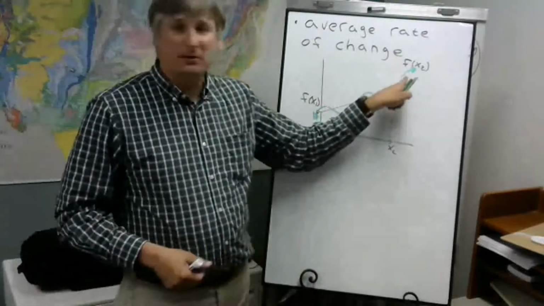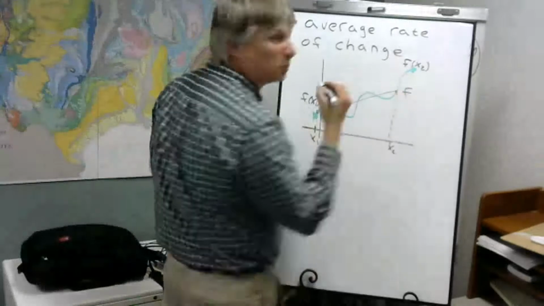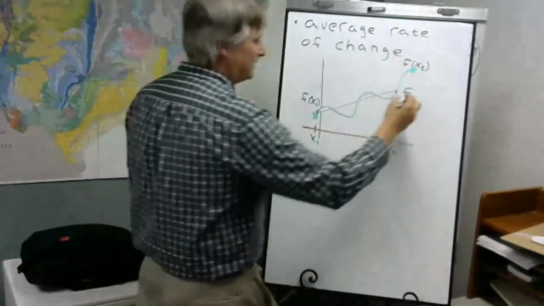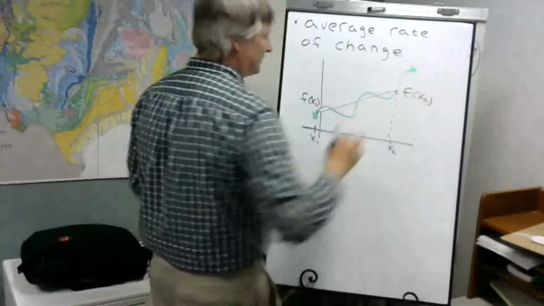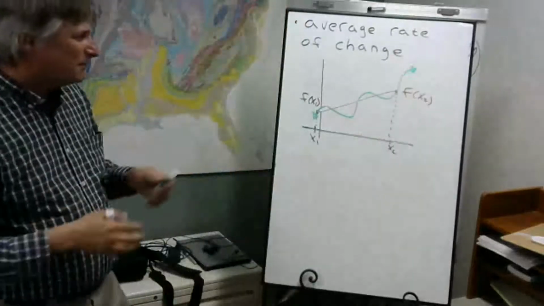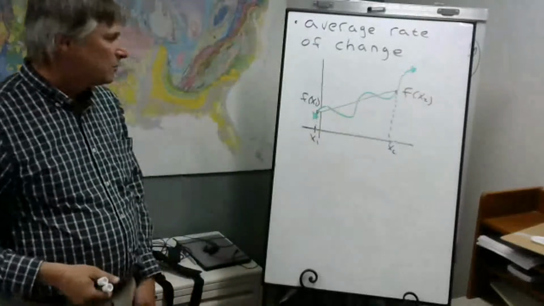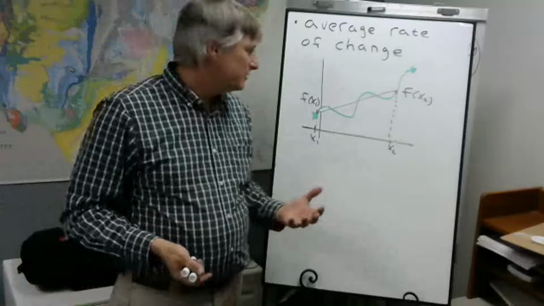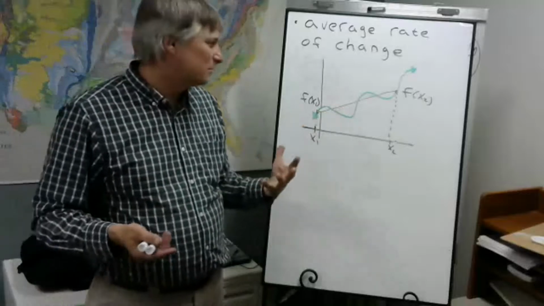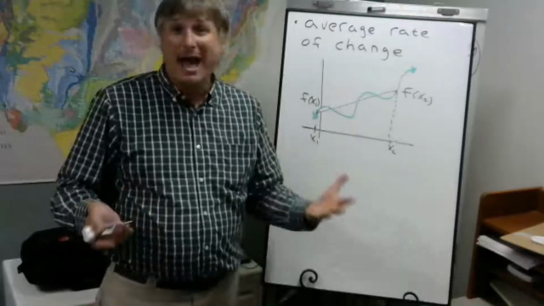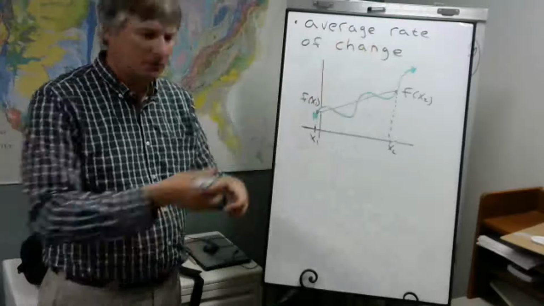You could do it up here too, but for visual aesthetics, we'll put it right here. So roughly the line is following that trend. When we talk about the average rate of change, we're talking about the slope of this line, which we use to roughly describe the path of the function, how the function's traveling through space.